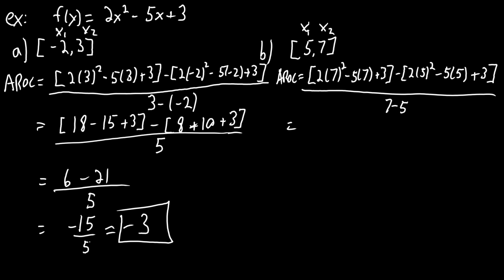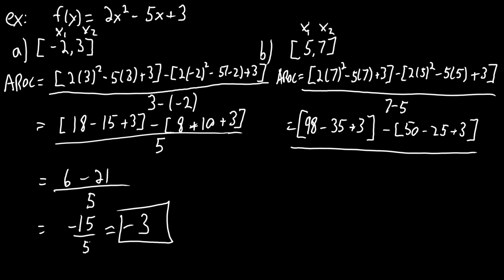Okay, let's multiply all this out. So we're going to have 2 times 7 squared. So that's going to be 2 times 49. It's going to be 98 minus 35 plus 3. Okay, and we're going to have 2 times 5 squared. That's going to be 50 minus 25 plus 3.